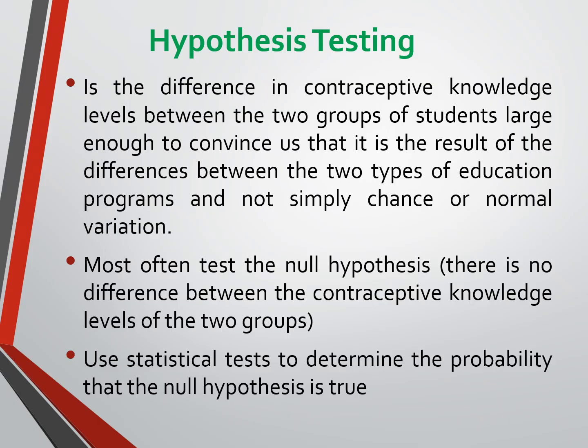Then I will come to the mathematical symbols of the null and alternate hypothesis after this discussion. In hypothesis testing, the difference in contraceptive knowledge level between two groups of students must convince us that the reason for the difference between the two types of education programs is not simply chance or normal variation.